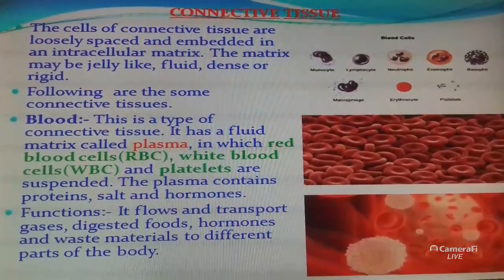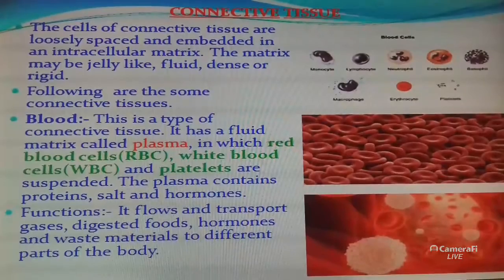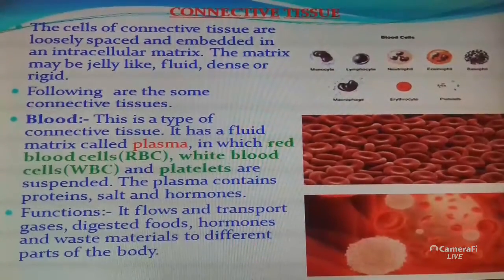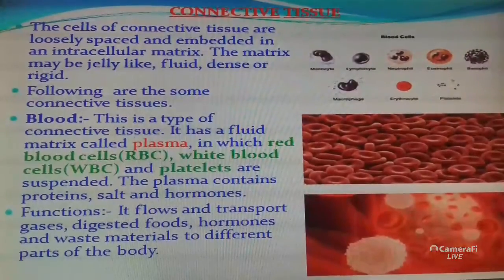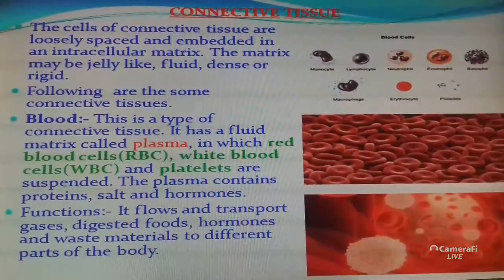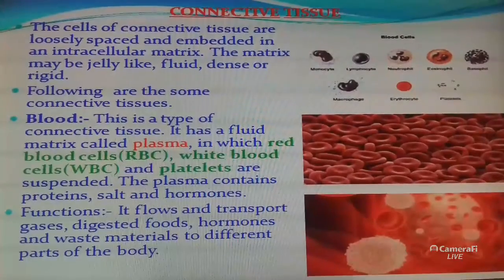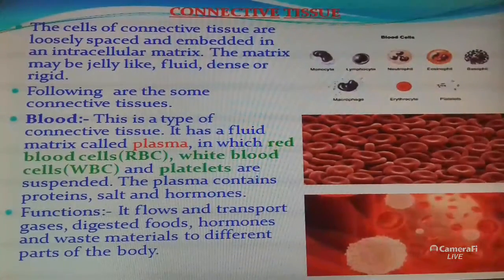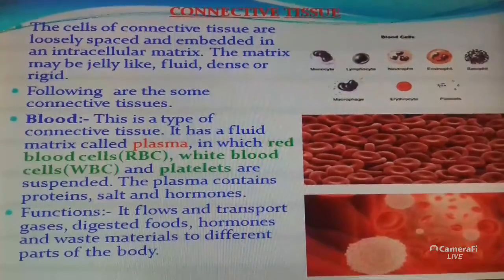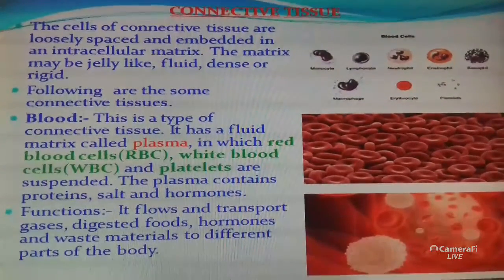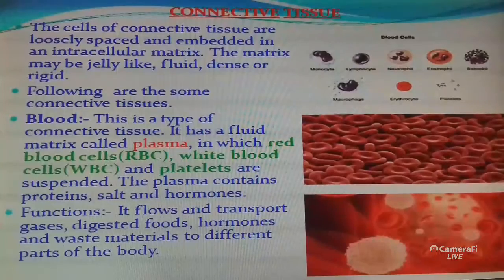There are three types of blood cells present: RBC, WBC and platelets. Another name of RBC is erythrocytes and another name of WBC is leukocytes. RBC, red blood cells, appear red due to the presence of hemoglobin.